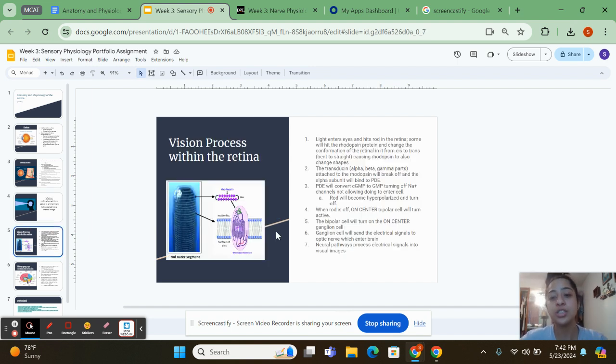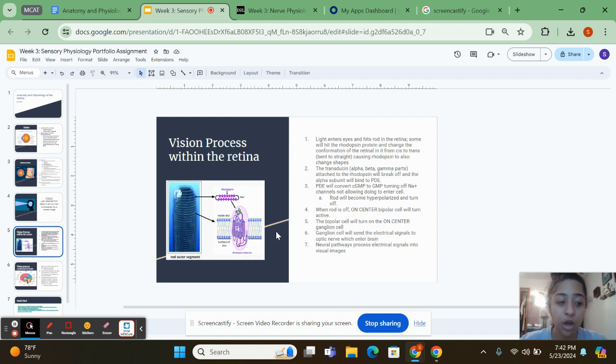So, how this happens is it's essentially a cascade. So, the light rays will enter the eye. And then once it goes through the cornea and the lens, it will reach the retina. In the retina, it will hit the rods. And some of them will hit the rhodopsin, which is in the internal discs within the rods and cones.